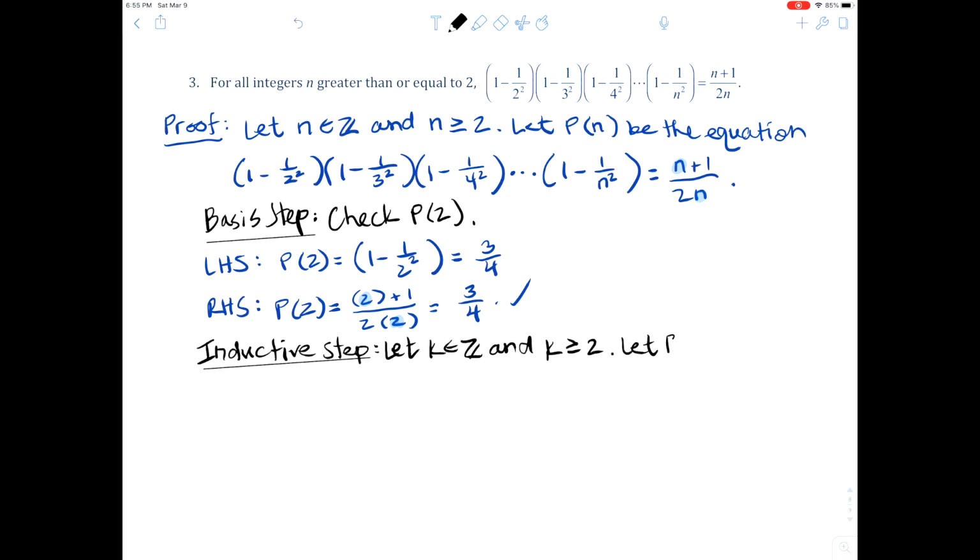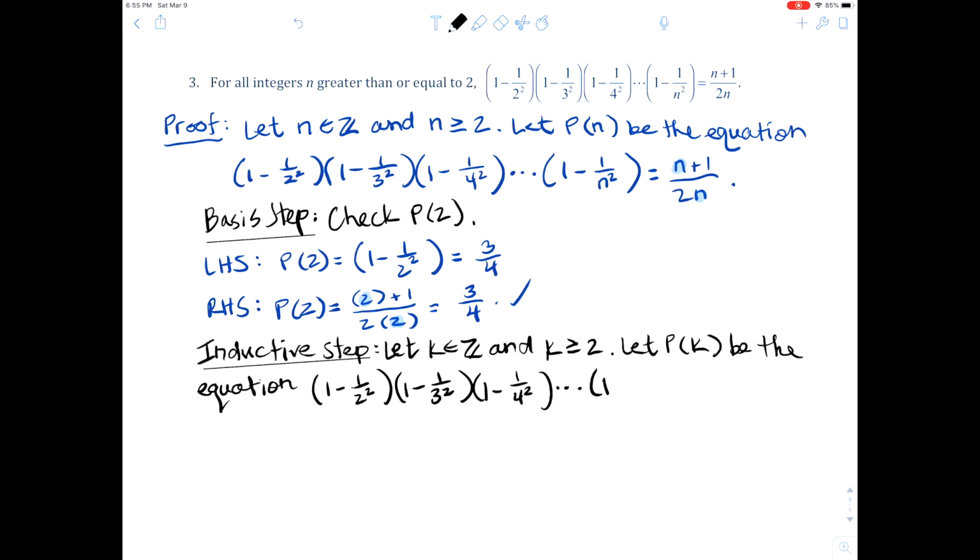And we'll let P(k) be the equation (1 minus 1 over 2 squared) times (1 minus 1 over 3 squared) times (1 minus 1 over 4 squared), all the way down to (1 minus 1 over k squared), equals (k plus 1) over 2 times k. Sorry, I'm getting a little sloppy here.